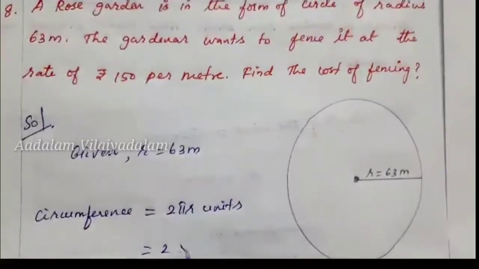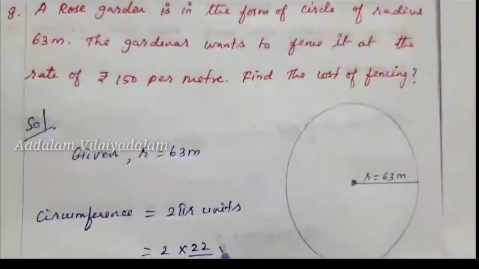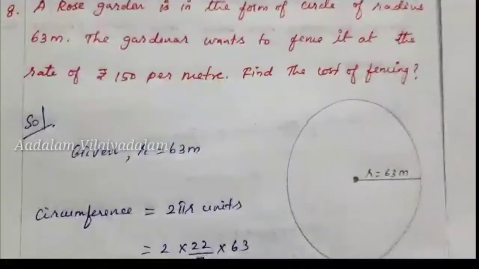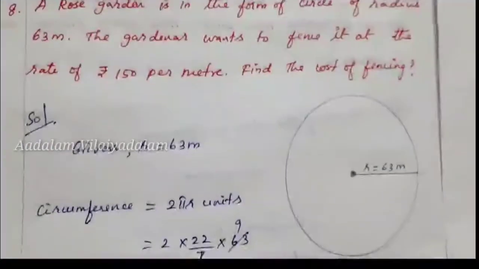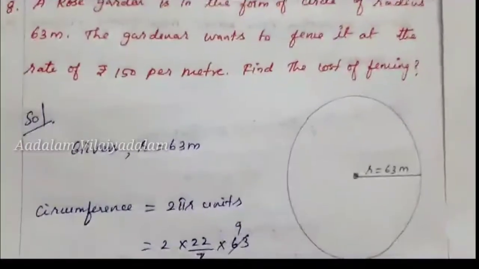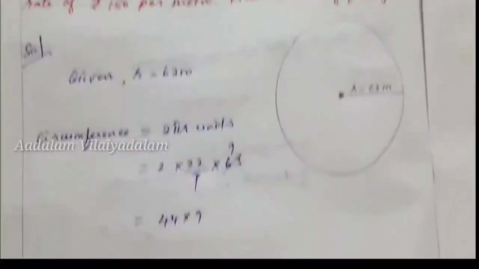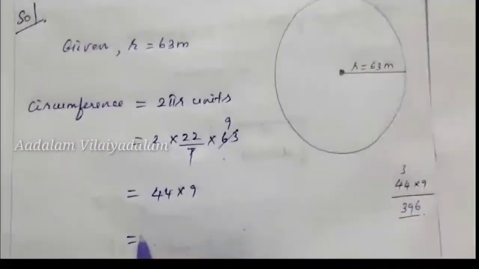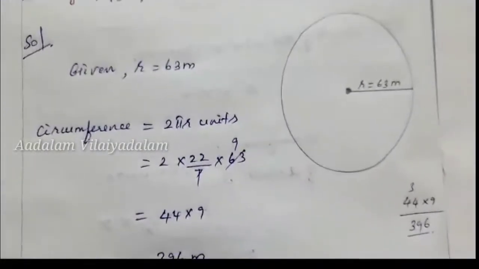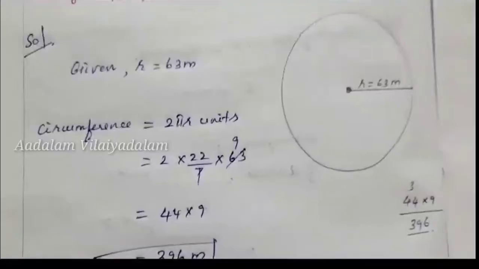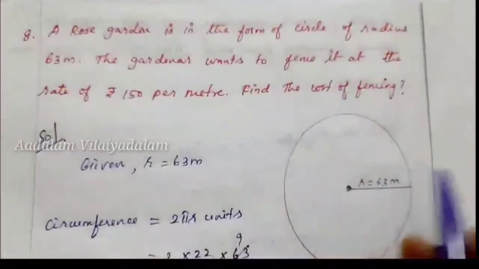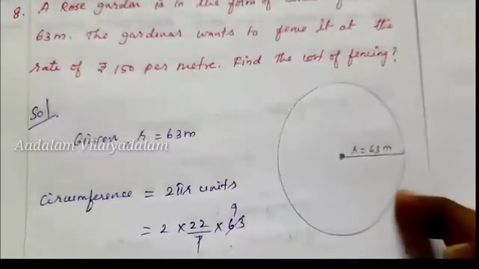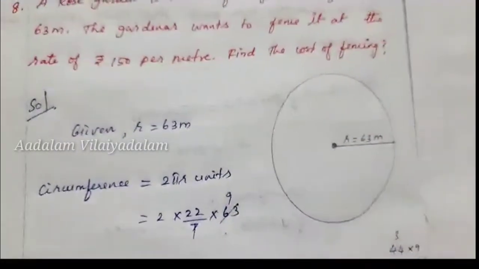So therefore 2 into 22 by 7 into 63. If we divide it by 7 table, then we could write 9 sevens are 63. Then 44 into 9 we get 396. The unit is meter. So for 396 meter, he needs to fence it, isn't it? So circumference of the circle is 396 meter.